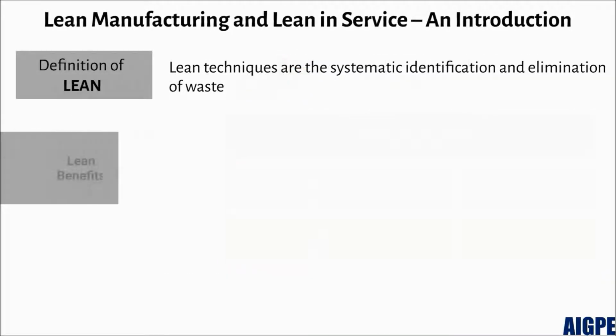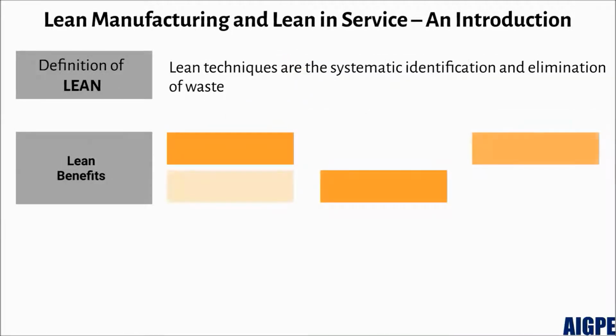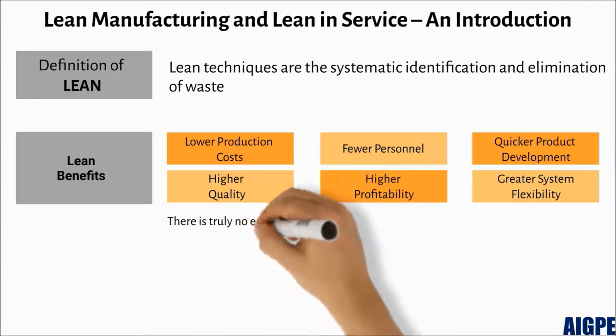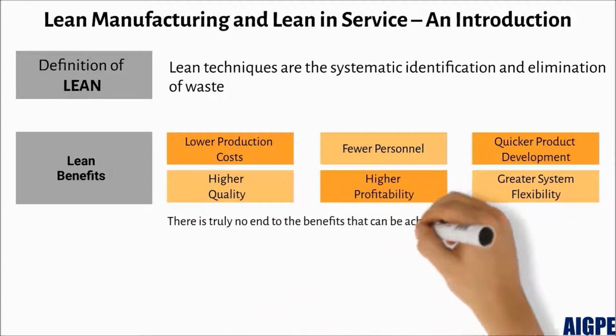The benefits of lean system include lower production costs, fewer personnel, quicker product development, higher quality, higher profitability, and greater system flexibility. By continually focusing on waste reduction, there is truly no end to the benefits that can be achieved.